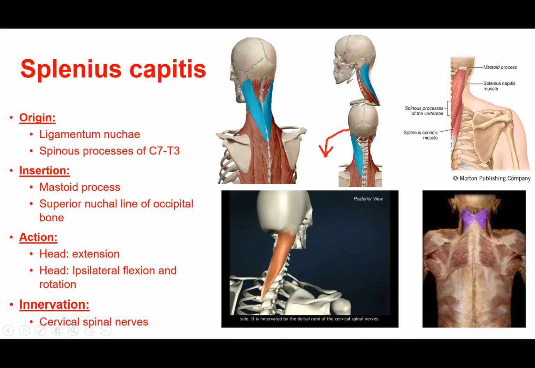If this muscle is getting shorter, it's going to turn our head to the left. So that's ipsilateral flexion and rotation: lateral flexion and rotation to the same side.